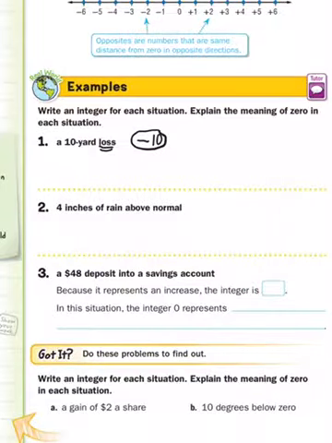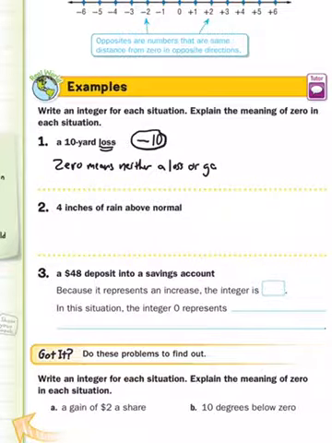So in this situation, 0 means neither a loss or a gain. Now, you don't have to write that down because it's already written down. Let me fix that miswriting. Okay, so 0 means neither a loss nor a gain. Now, if you're a football person, you could also say 0 means a line of scrimmage. So the person got hit at the line of scrimmage.